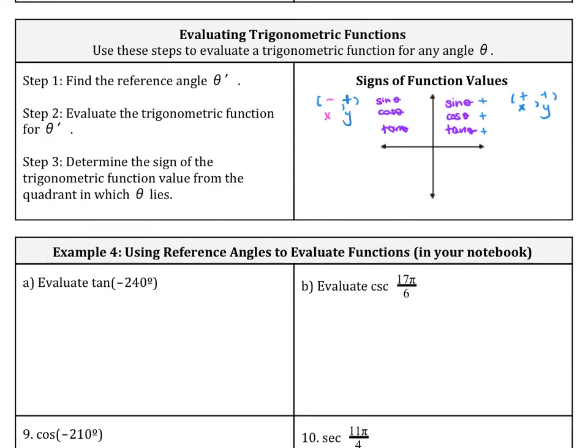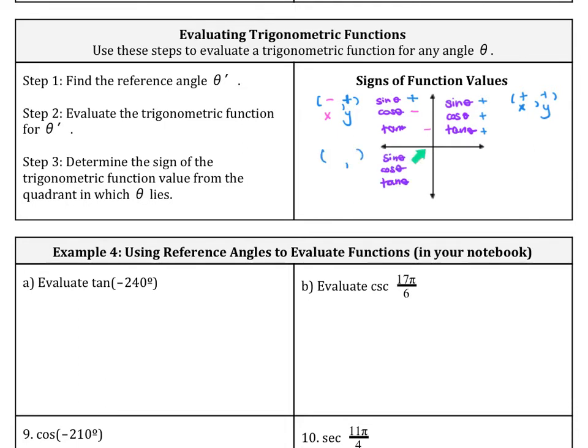Sine is y, so therefore it's positive. Cosine is our x value, and it's negative. Tangent is sine over cosine, so a positive over a negative will yield a negative. Therefore, tangent is negative in this case.